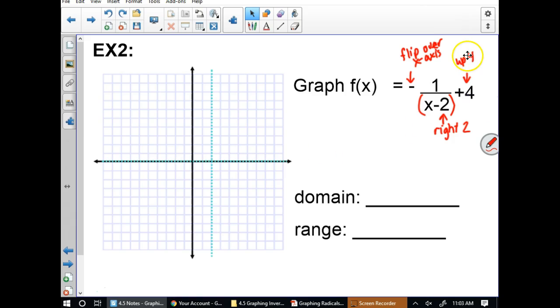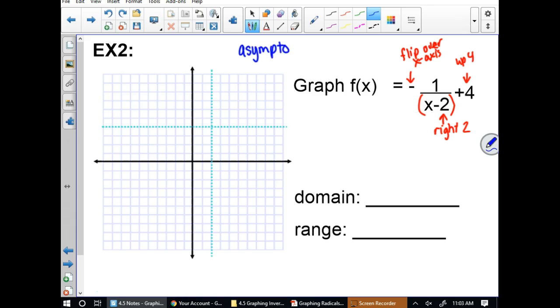And then we also need to move our horizontal asymptote up 4. There. So if you want to go ahead and draw in those asymptotes. And we haven't even written that word down. That word is asymptote. Asymptote. It's a weird word.